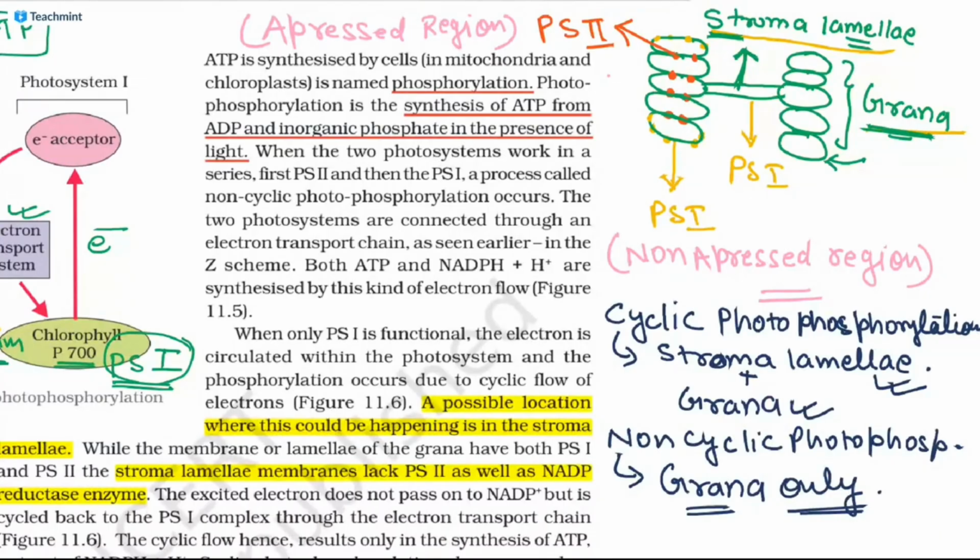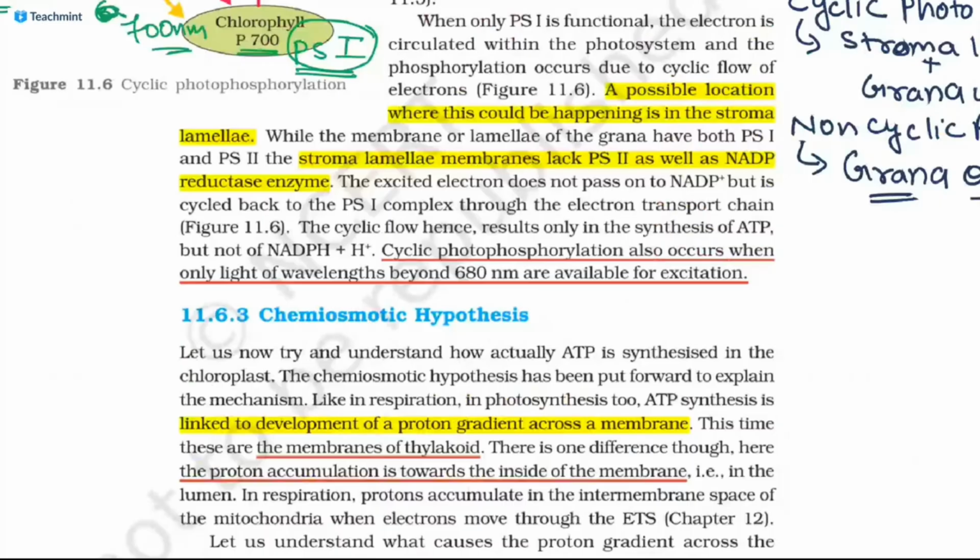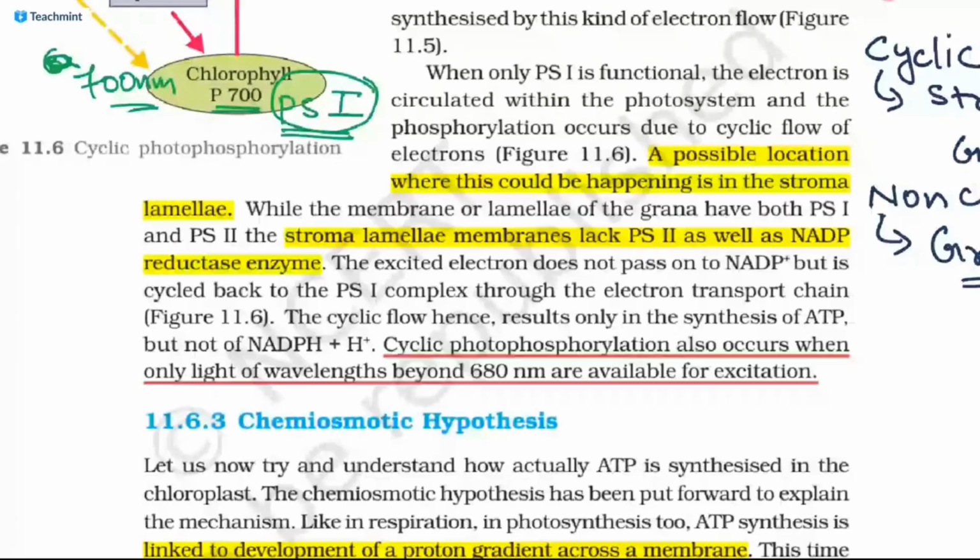From here, questions can be asked. So keep this in mind. Now, on this basis, if you read this line, it is underlined over here. See, the possible location where this could be happening is in the stroma lamellae, right?